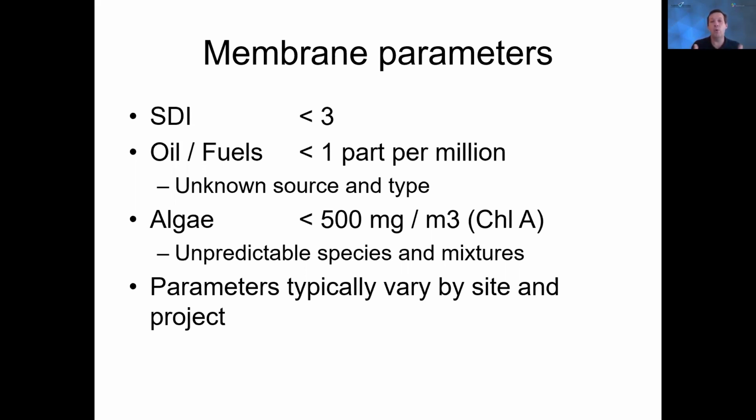And so 0.1 or 1 part per million or 10 parts per million for a couple of seconds is an entirely different scenario than 1 part per million for a day or a week or a month. They're two totally different scenarios. The longer the oil spill is present, at whatever concentration, the more volume of oil is in the process, the more likely you are to have damage to your membranes.